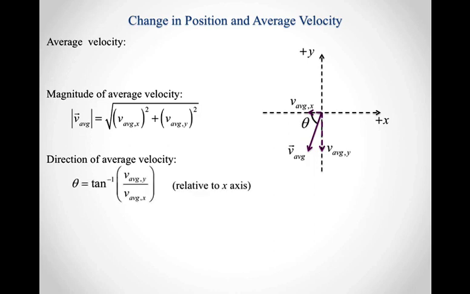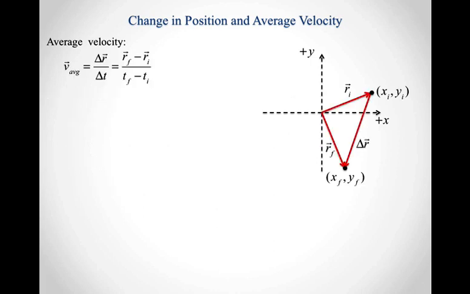We'll call it theta again, defined relative to the x-axis again. So I'll use the inverse tangent of the y component over the x component. Again, I'm going to get an angle below the negative x-axis, since both my x and y components of the average velocity vector are negative. So you'll notice that that angle theta looks pretty similar.